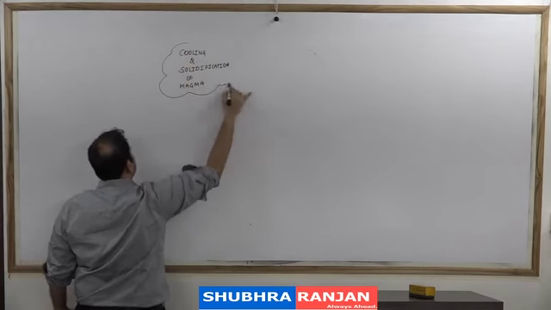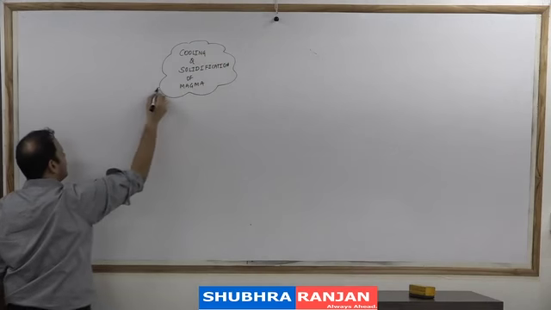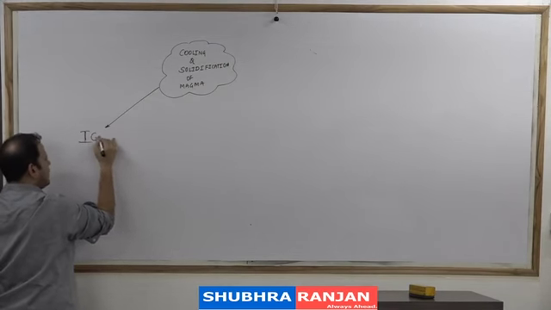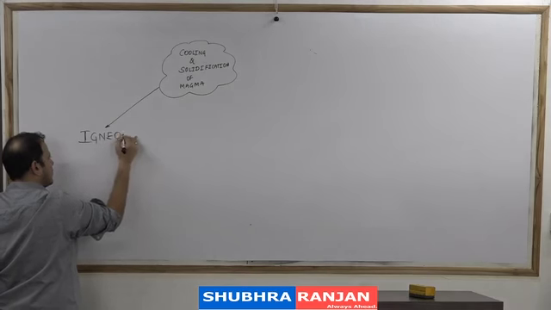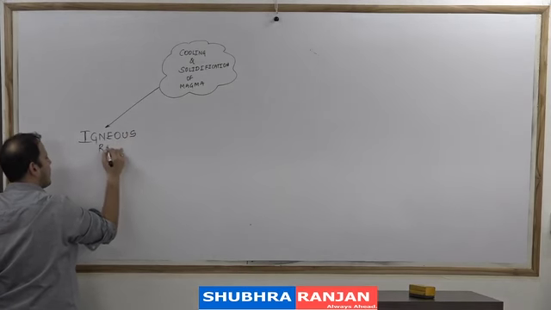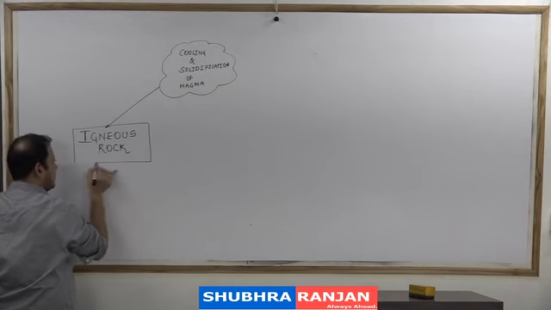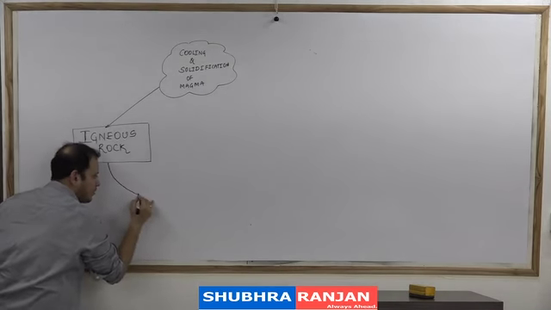So due to cooling and solidification of magma, which kind of rock will be formed? Basaltic or igneous? Igneous rock. Can I say this igneous rock will break to form sediments?